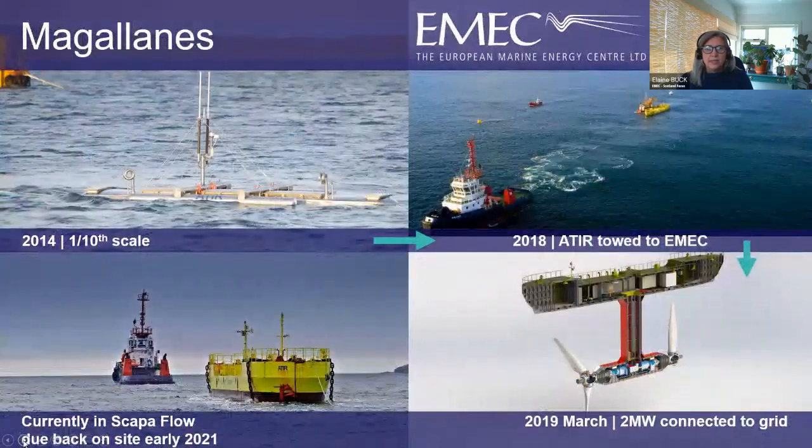Magallanes, who is a developer from Spain, has also had a successful trajectory in their deployments. In 2014, they came up and deployed a 1/10 scale device at the Fall of Warness. Then in 2018, they came back and had towed all the way from Spain their ATIR device, and this was connected to the grid.